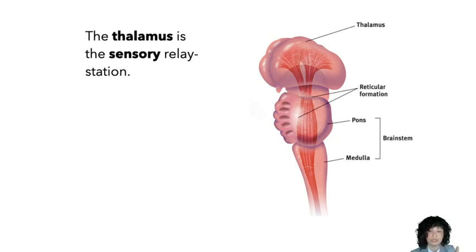So subcortically, this is the first place in the brain where sensory information is actually being processed, and it's every sensory modality except smell. And there's a very particular reason for that, but I'll talk about that in a minute.